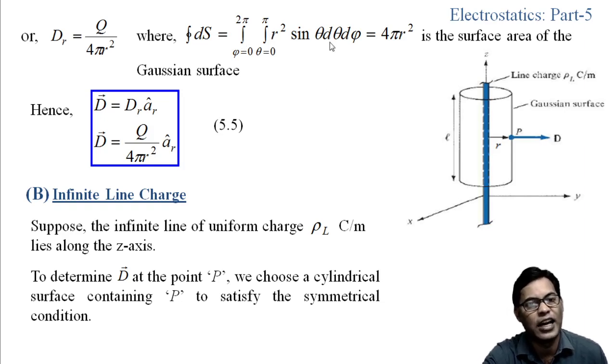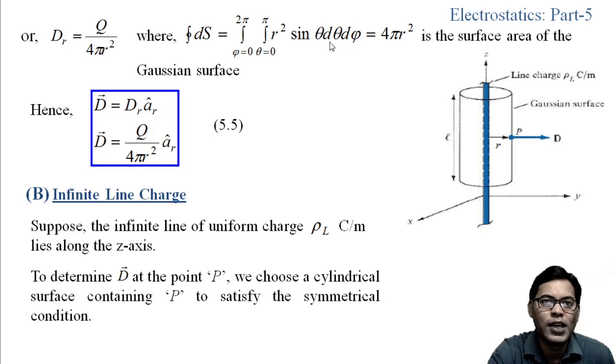This idea is taken from the spherical coordinate system. As we got the value of Dr, we can easily find the flux density D, which equals Dr into ar. So D equals q by 4 pi r square ar.